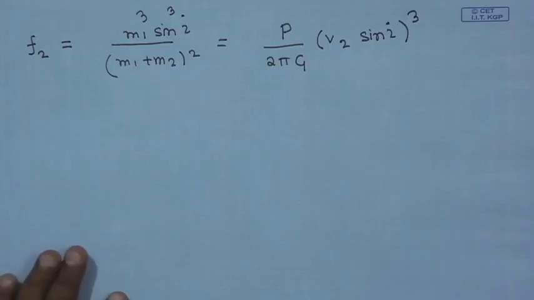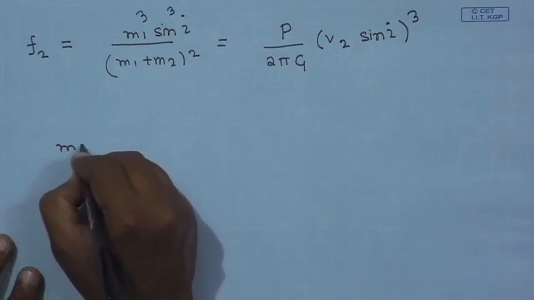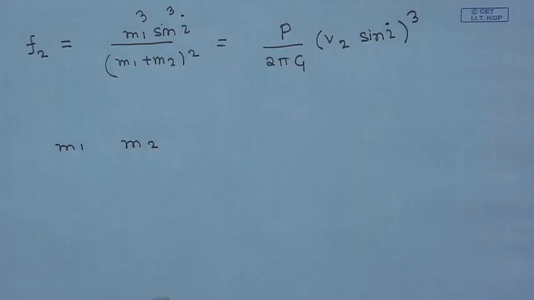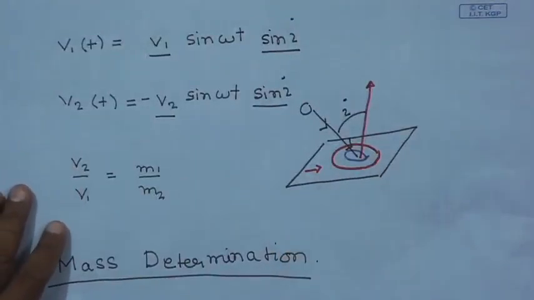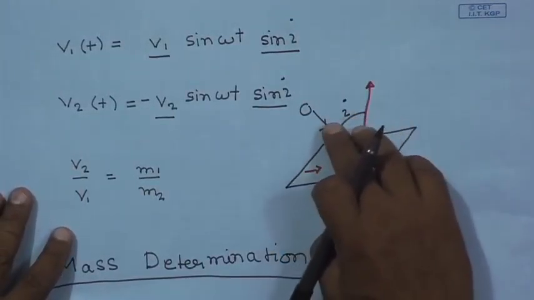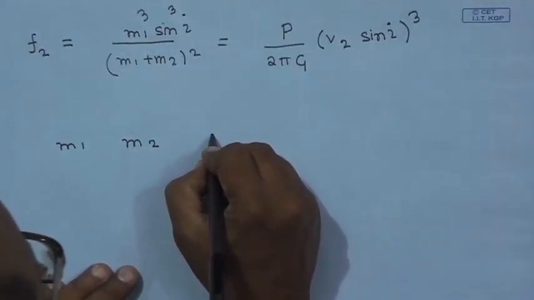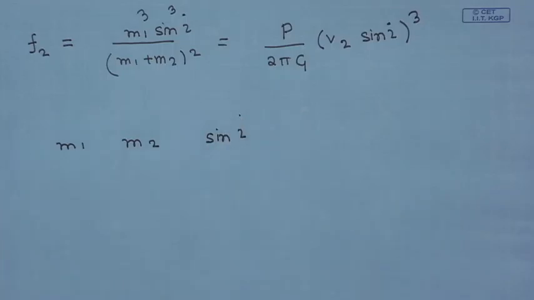The entire problem, let me remind you, has three unknowns. The three unknowns here are the masses of the two objects m1, m2. Further, so we have two objects of unknown mass m1 and m2 in circular orbit. Further, we also have the inclination angle sine I, which is an unknown.